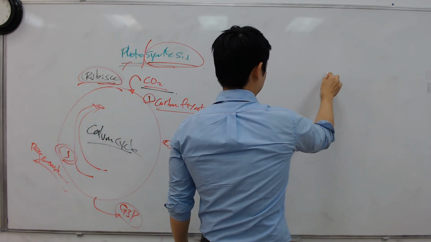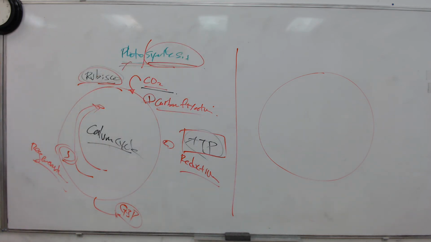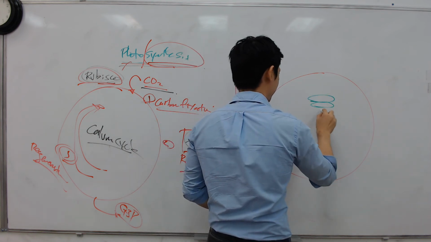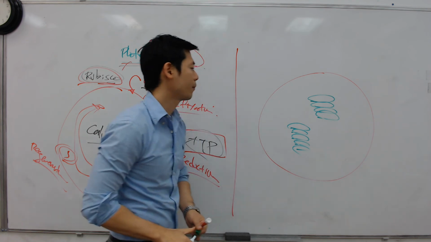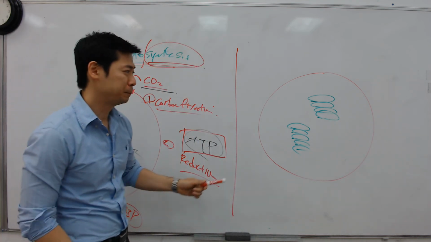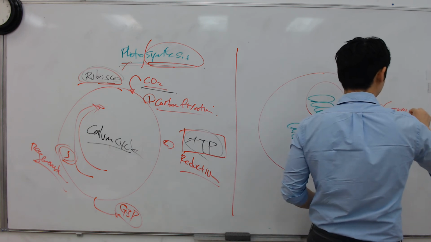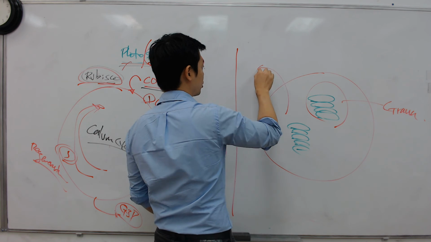So guys, this is chloroplast, by the way. Chloroplast looks like this. You probably see little sacs, like this. I'm not gonna show the whole thing, by the way. This is called the grana of the chloroplast. The fluid portion is called the stroma.